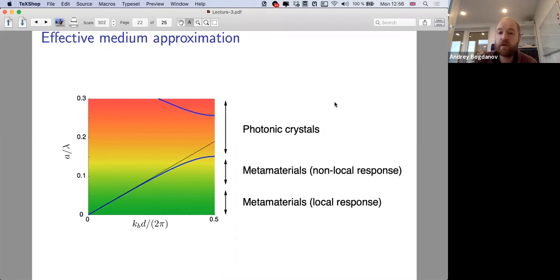In this case, you will have diffraction, and this is a kind of photonic crystal regime. We could describe the interaction of X-rays with the crystalline structure in terms of photonic crystals.